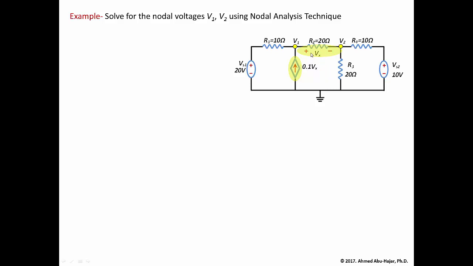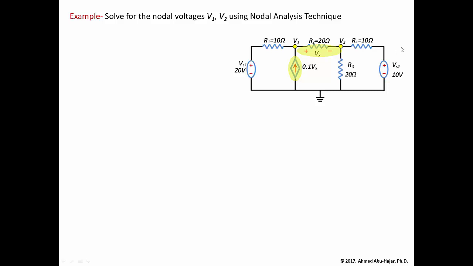Now when you do nodal analysis and you know that this current source here depends on Vx, then you need to define Vx in terms of the nodal voltages. That's extremely important. Why is that? The answer is simple, because we know that the objective of the nodal analysis is to solve for V1 and V2, which are the unknown nodal voltages.